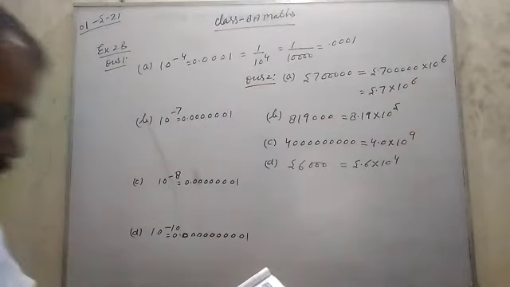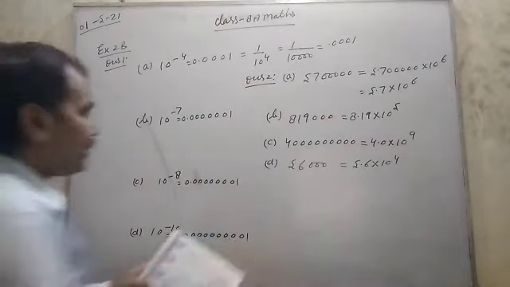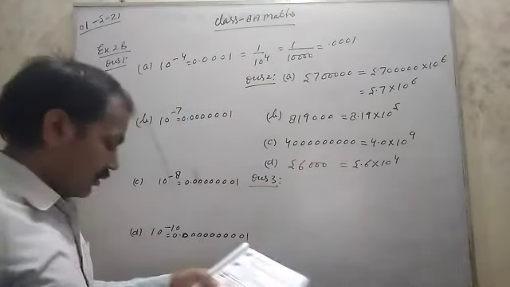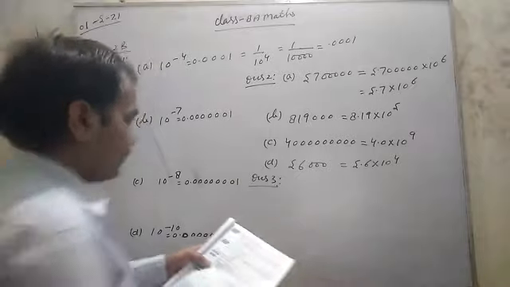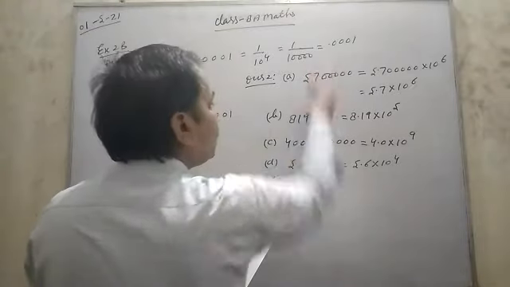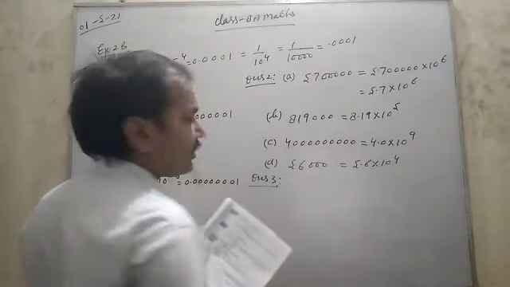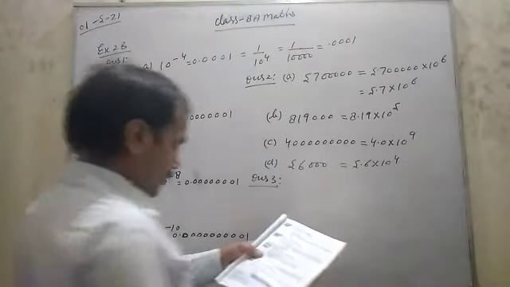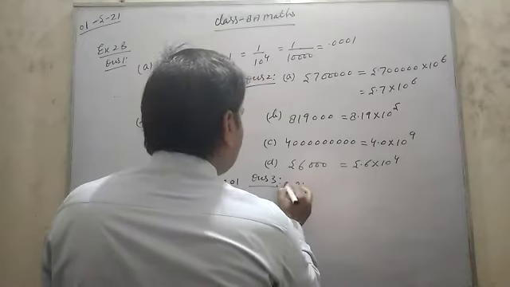Then question number 3. In the previous question these were bigger numbers, and in question 3 smaller numbers are given. So 0 point.